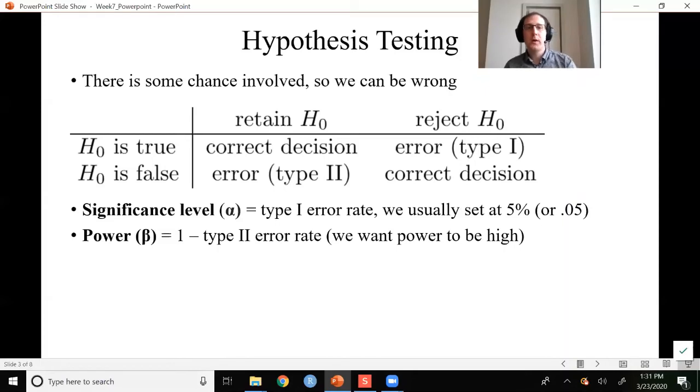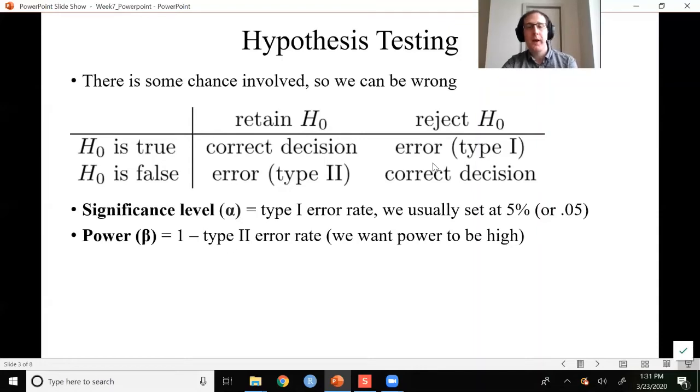You also will have the power of a study. So power is a good thing. The more power you have, that's basically making the correct decision to believe that there's something going on when there really is. And so the type 2 error rate is 1 minus the power.